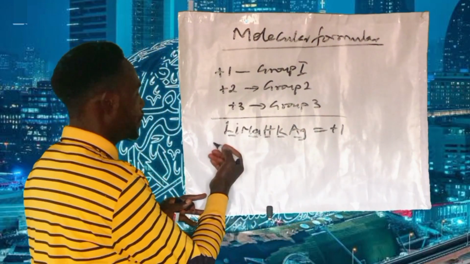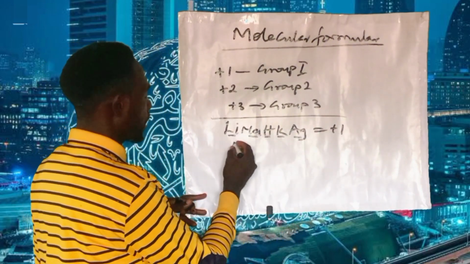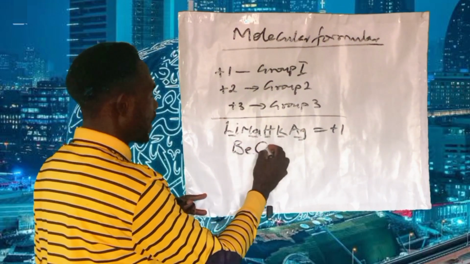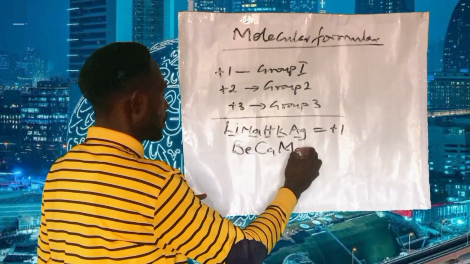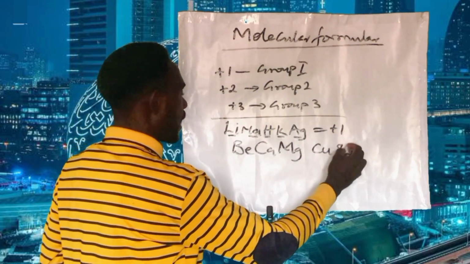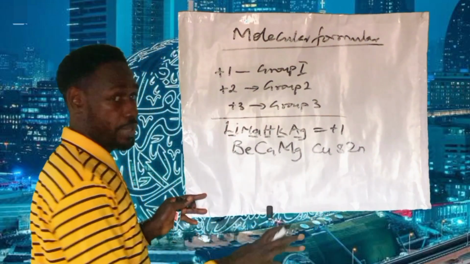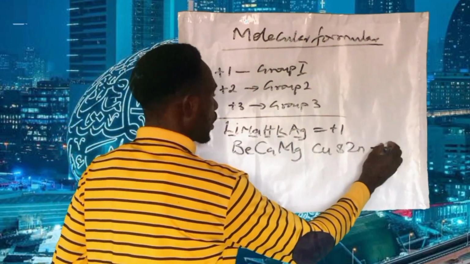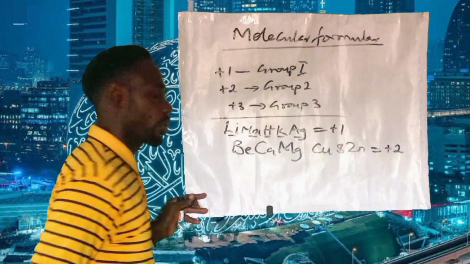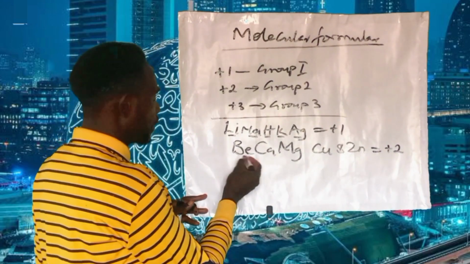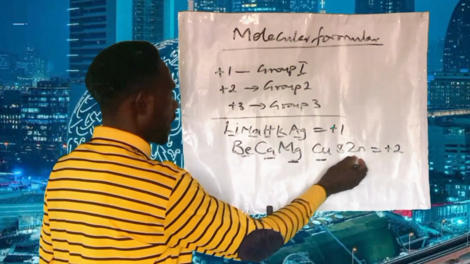Then if this LiNaHK silver becomes BeCaMg, copper and zinc, these are common elements you will encounter while writing formulas, and we take these ones as +2. That's beryllium, calcium, magnesium, copper, and zinc, all +2.